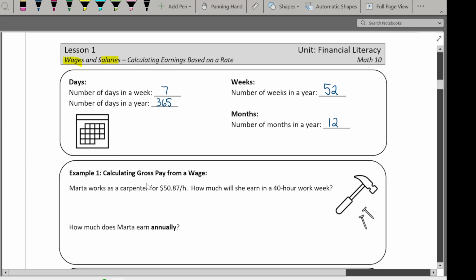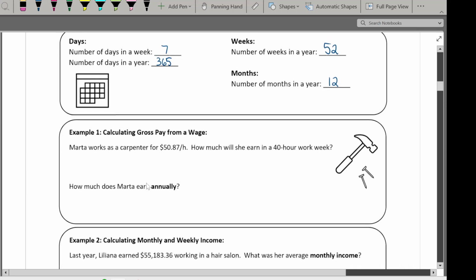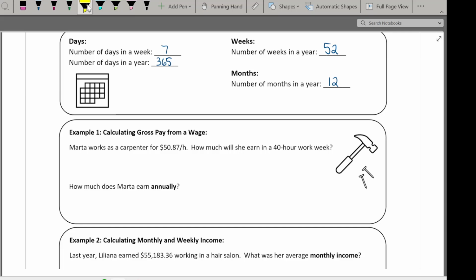Okay, so let's start with example 1. Marta works as a carpenter for $50.87 per hour. How much will she earn in a 40-hour work week? Okay, so $50.87 per hour. And then we're going to multiply that by 40 hours to get the amount.